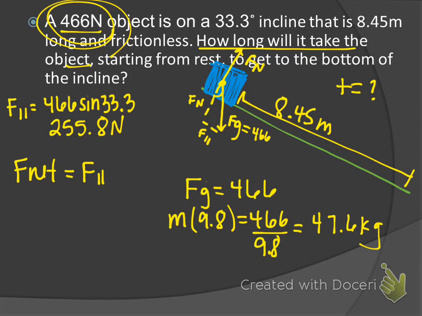Okay, does everyone understand why we did that? You can't plug in Fg for mass. It's not the same thing, right? Fg is weight. So for mass, I had 47.6 times A equals 255.8.